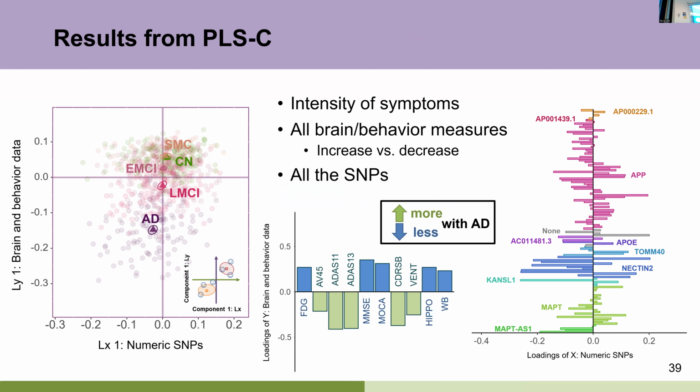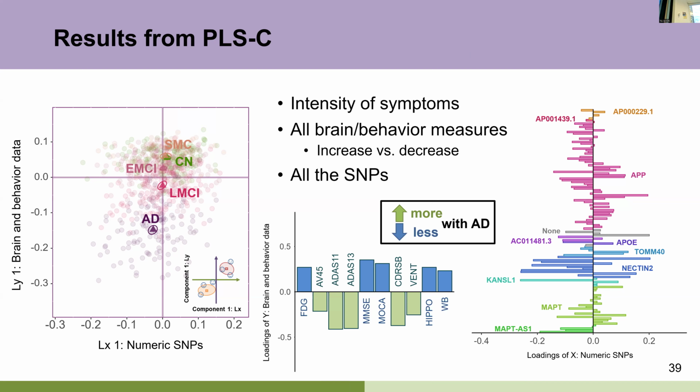And if you take a closer look, there's better separation along the y-axis, which is the brain and behavior axis. And for the SNPs, I think you have clear separation between the healthy controls, which is just on the positive side, versus the Alzheimer's. But LMCI, EMCI are kind of in between and they do overlap a bit with the two groups along the axis.